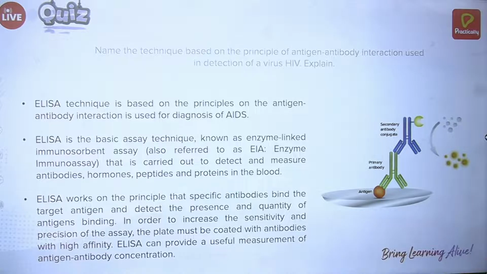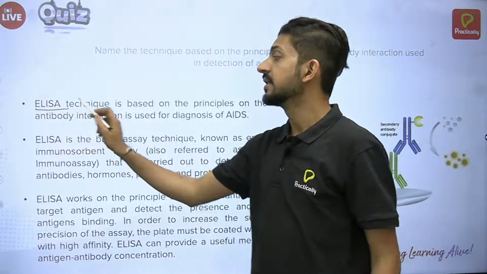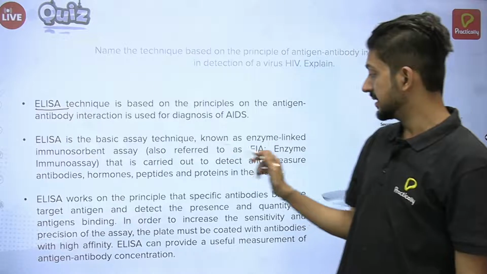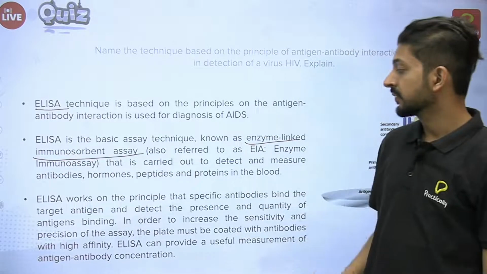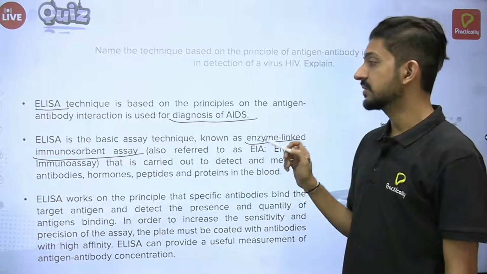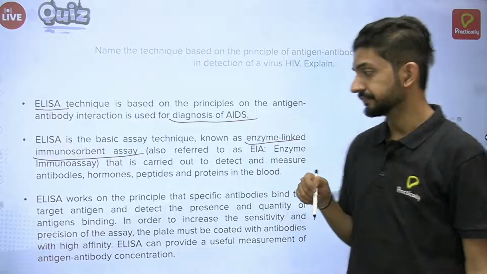So we all know that HIV is detected by the technique ELISA, which stands for enzyme linked immunosorbent assay. It is used for diagnosis of AIDS or the HIV virus based on the antigen antibody interaction.